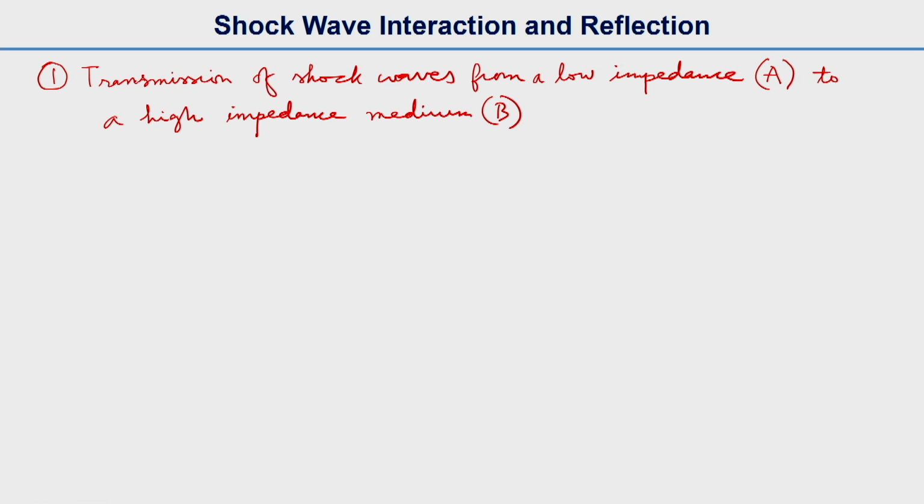So for this problem we can first draw a pressure versus particle velocity plot. The y axis is pressure and the x axis is particle velocity. We have two mediums, as we have written here.